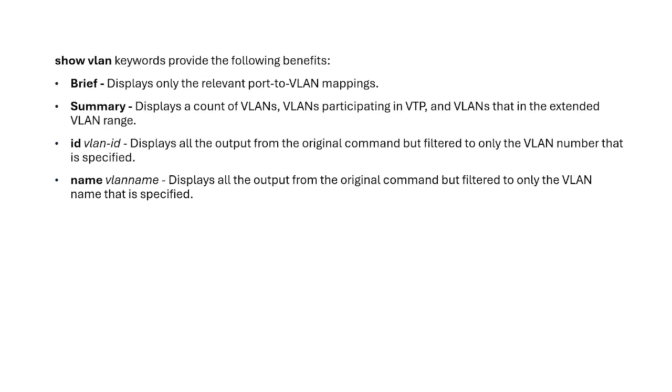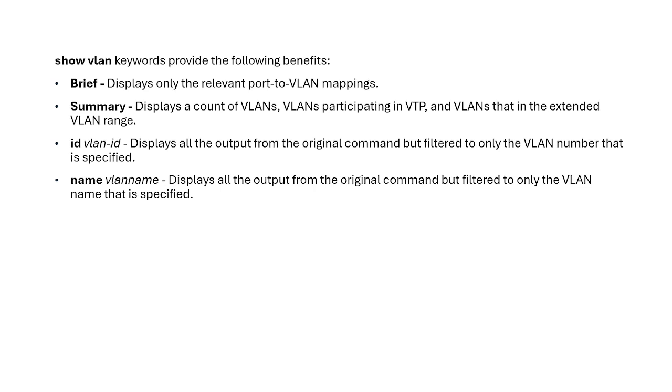Okay, now let's go through the show vlan command. The show vlan keywords provide the following benefits. With brief, show vlan brief displays only the relevant port-to-VLAN mappings. With summary, it displays the count of VLANs and VLANs participating in VTP and in the extended VLAN range, so it gives a full summary of the VLANs.